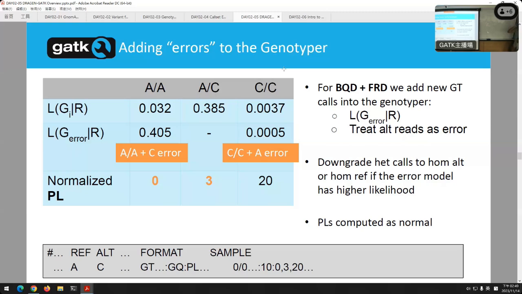But when we explicitly model the BQD and FDR error rates, it might come out and say, well, now the most likely thing is that it was actually AA and that it saw a C, but it kind of hallucinated that C. And now that we can model the likelihood of that happening, we can be a little more refined and actually downgrade that to a hom call there and say, you know what, actually, we don't think that's right. Now, it changes it. Not a huge confidence in our call there, but enough to tip which variant we would call.